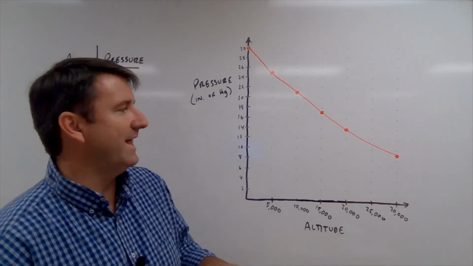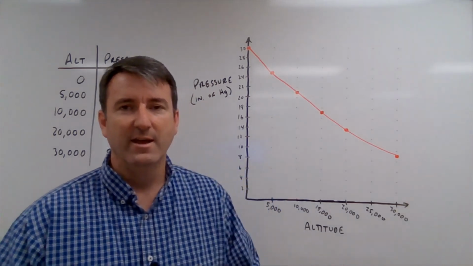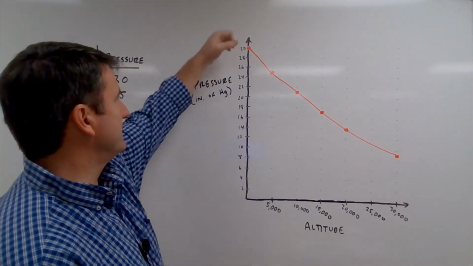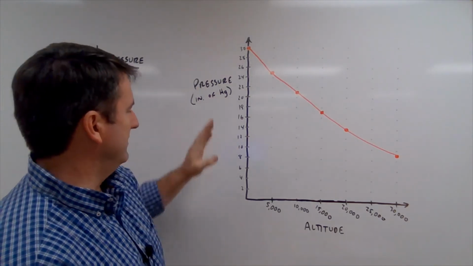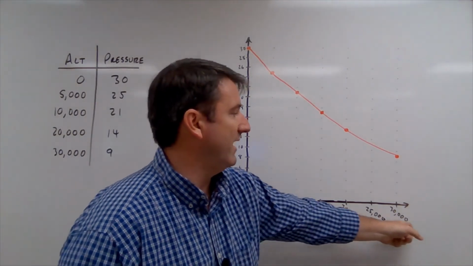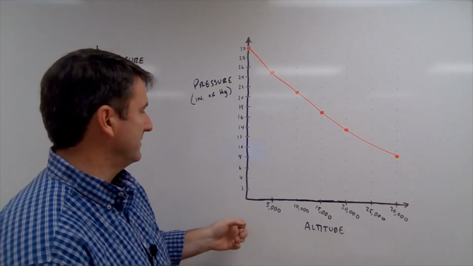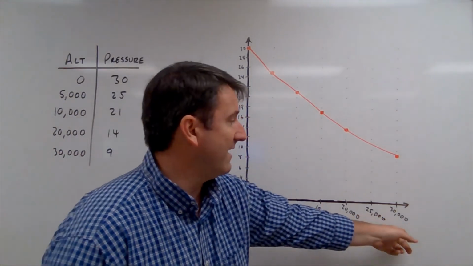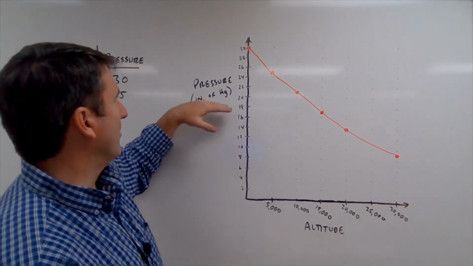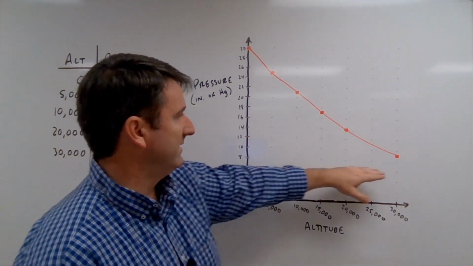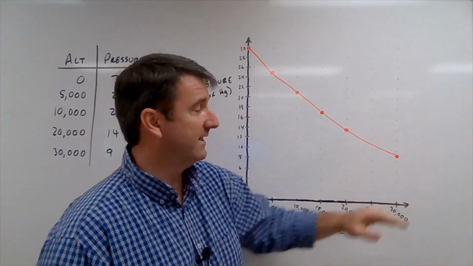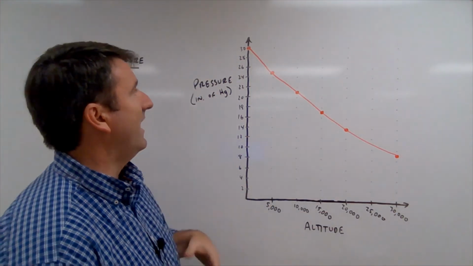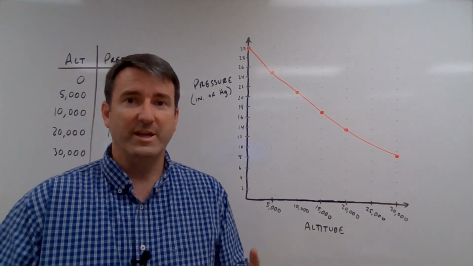And so any atmospheric pressures above that are not going to be of interest to us. As far as the range, well, the range would be whatever corresponds to our domain. So here, if we're going from 0 to 30,000, then our range is going to go from a low of 9 inches of mercury at 30,000 up to a high of 30 inches of mercury.